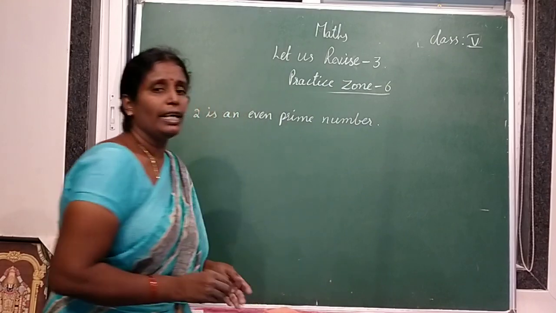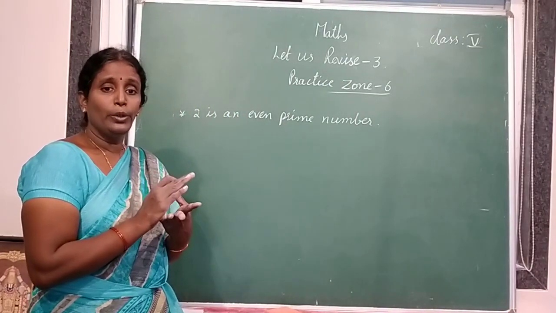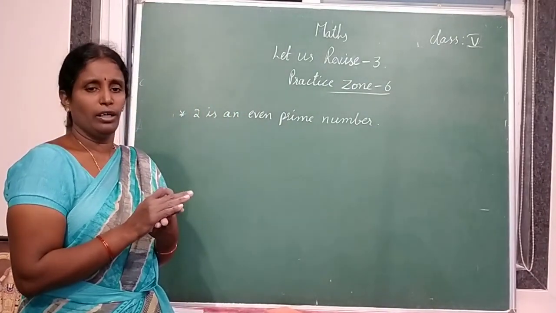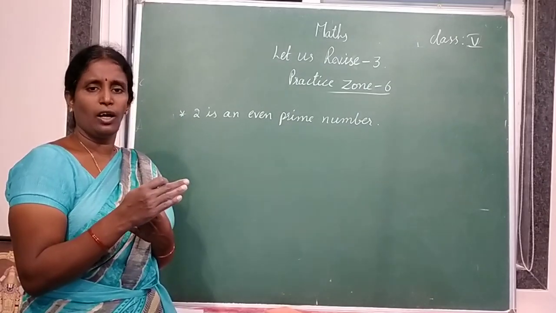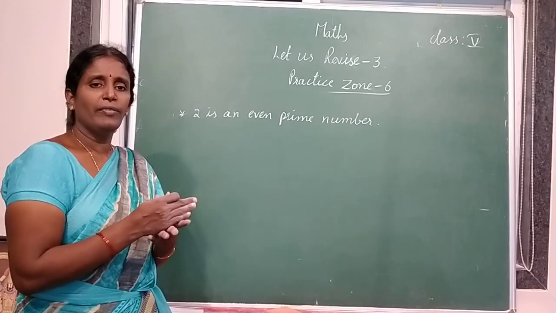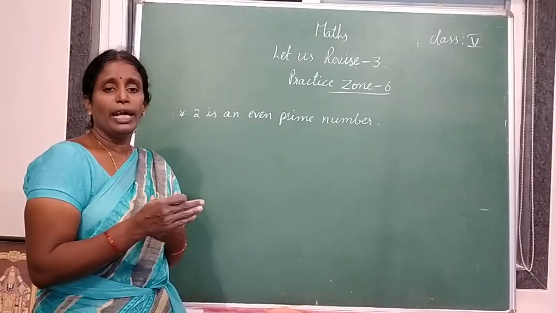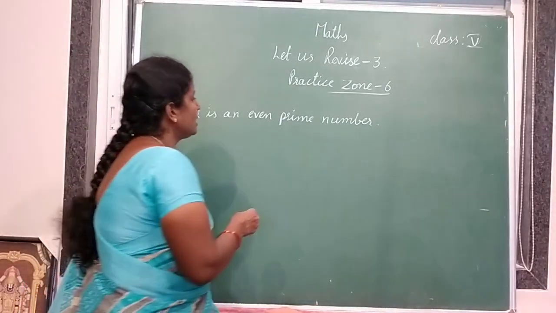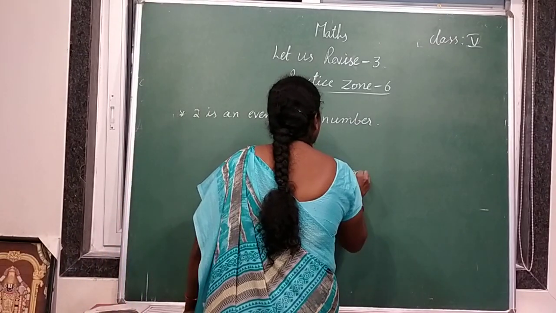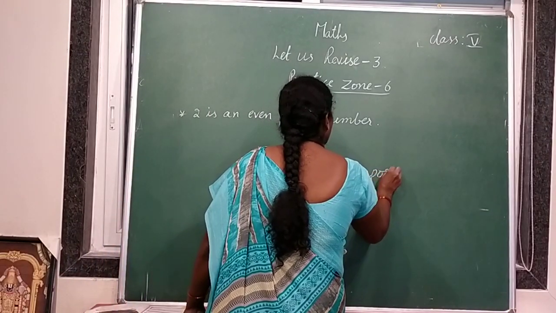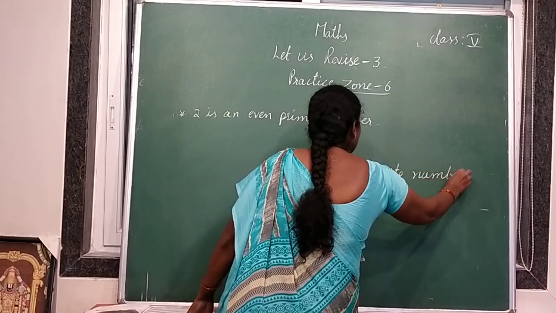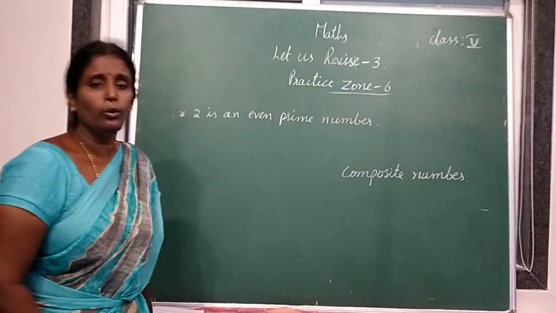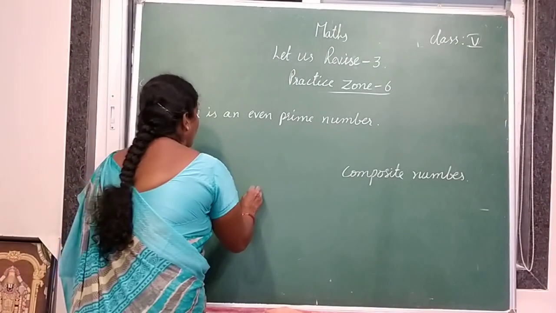See here, the numbers which have only 2 factors, divisible by 1 and itself, those numbers are called prime numbers. And some of the numbers have more than 2 factors, those numbers are called composite numbers. For example, 4.